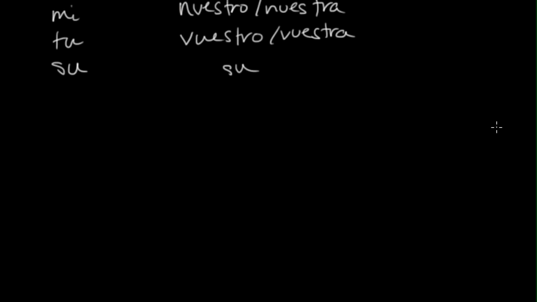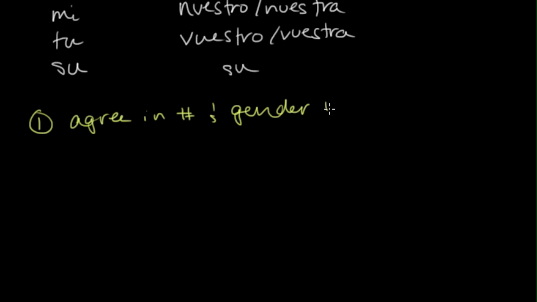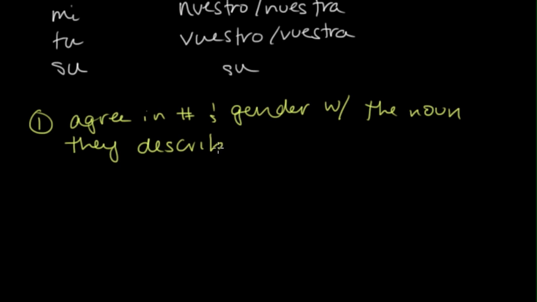Now, there are a few things you need to know about possessive adjectives. First, they agree in number and gender with the noun they describe. And you're probably thinking, well, of course they do. That's what adjectives in Spanish do.